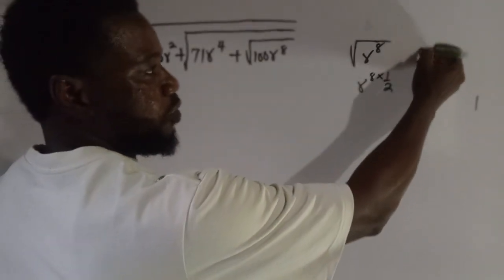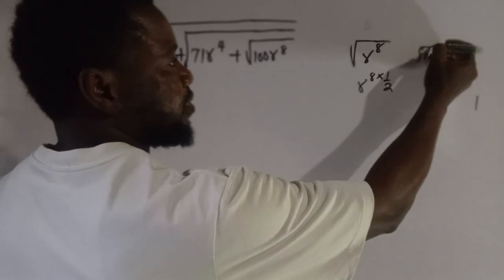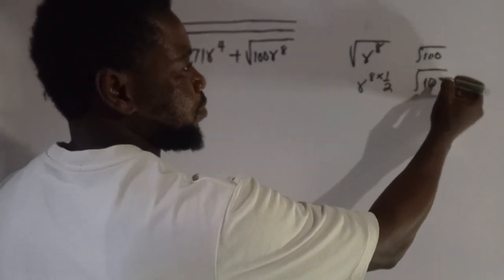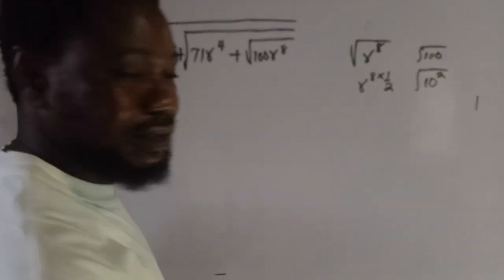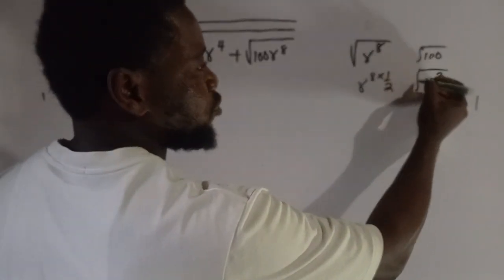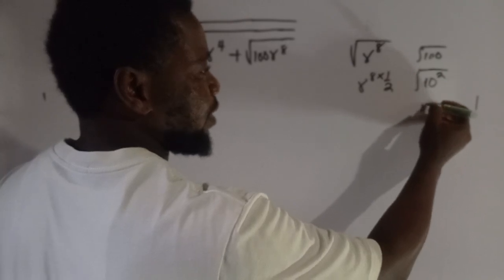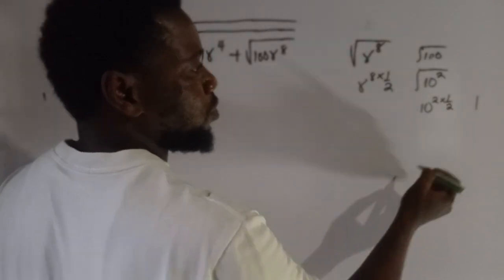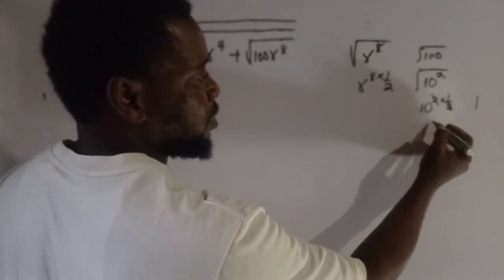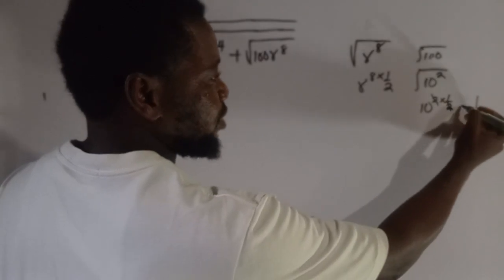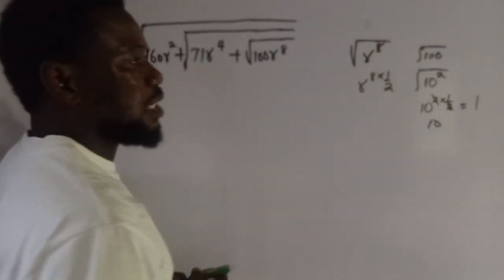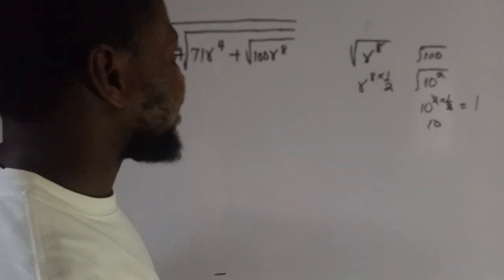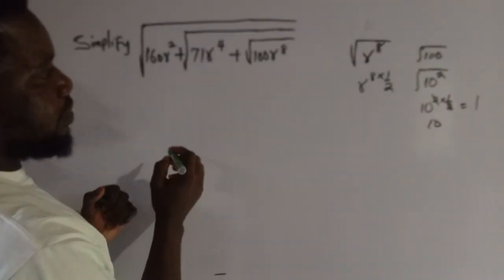Because the square root of 100 is the same as 10 raised to power 2, if you express 100 in index form, raised to the power of 1 over 2. Of course, these 2s cancel, and at the end we have 10 raised to power 1, which is still 10. So the square root of 100 gives you 10. Having that in mind, let's go by this.